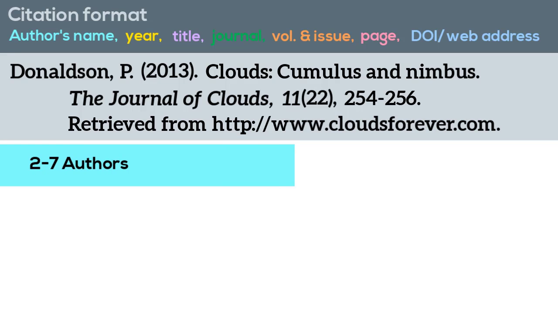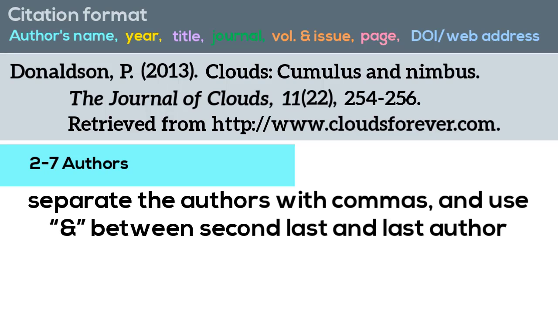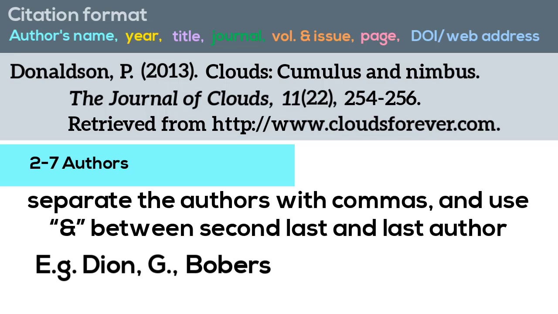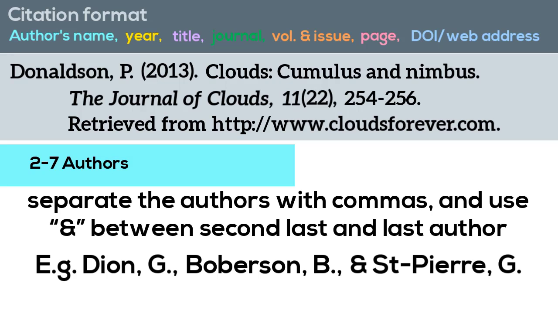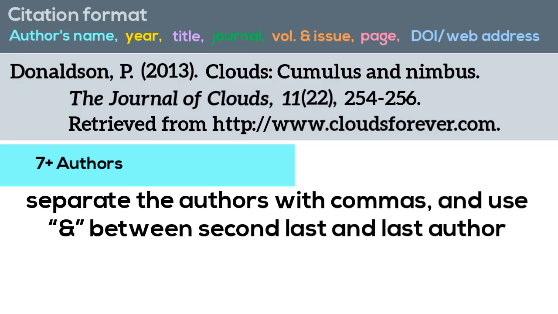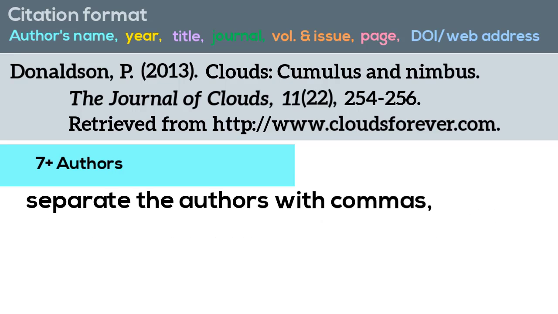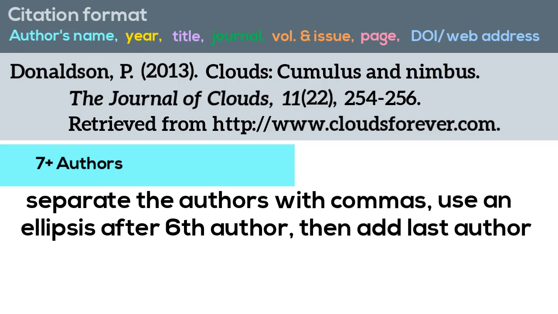If the article has between 2 and 7 authors, separate the author names with commas and use ampersand between the second last author and the last author. For example, Dion, G, period, comma, Boberson, B, period, comma, ampersand St. Pierre, G, period. For more than 7 authors, after the 6th author, use an ellipsis.